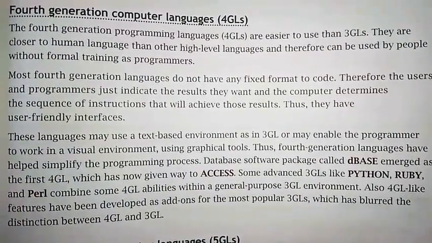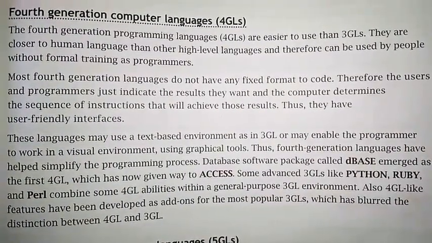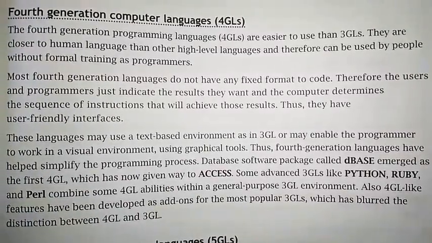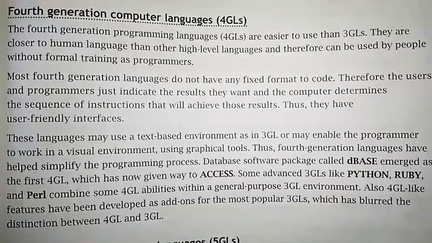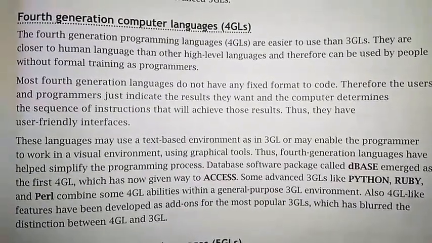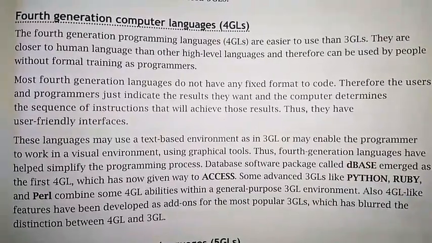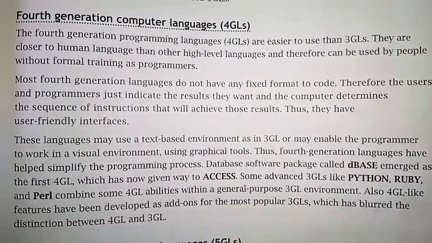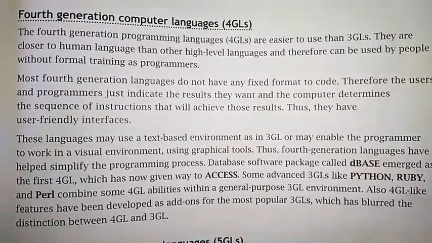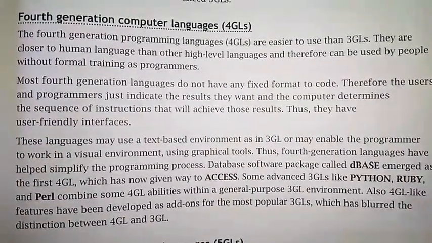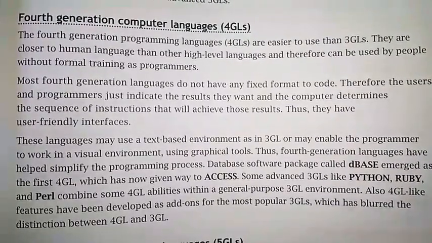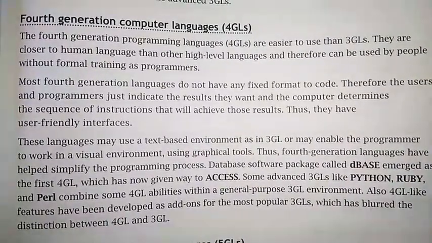Therefore the user and programmer just indicate the results they want, and the computer determines the sequence of instructions that will achieve those results. So in fourth generation computer languages, students, the instructions given to the computer were very easy and sequence-wise. The computer determines the sequence of instructions and gives you a result according to the instructions.